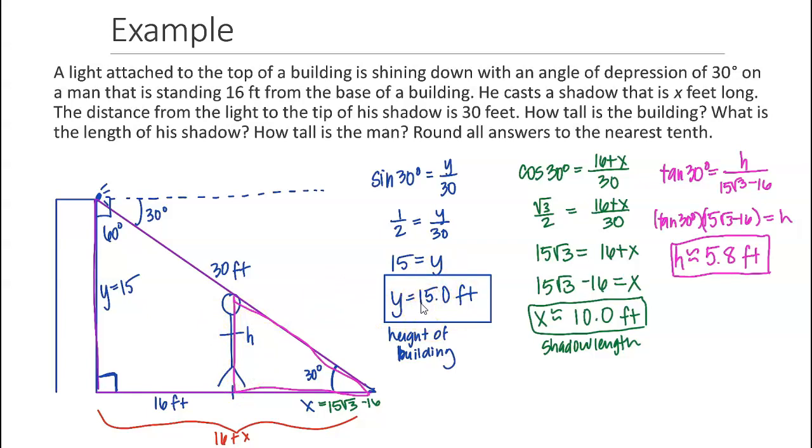That's not a very logical conclusion. That's part of the reason why in our application problems, we evaluate or plug these into a calculator and round, just to get a general sense of if we're doing our setup correctly. So this was the height of the man, and we have answered all parts of the question.